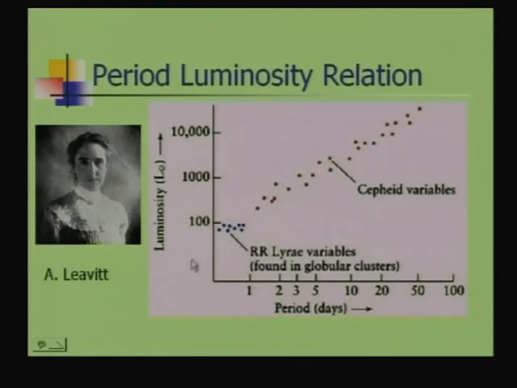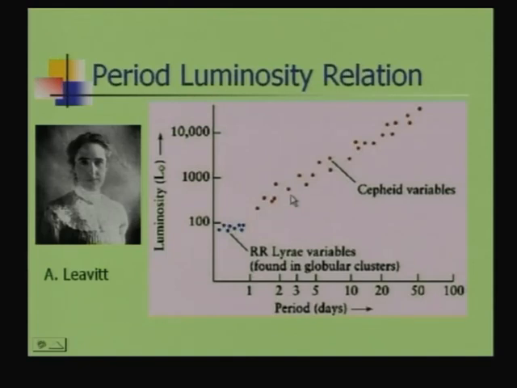Once you have a few stars for which the distances are known, you can convert that flux to luminosity and you will get the period luminosity relation. Once you have calibrated this, you can now use it to determine the distances to unknown stars, unknown galaxies.